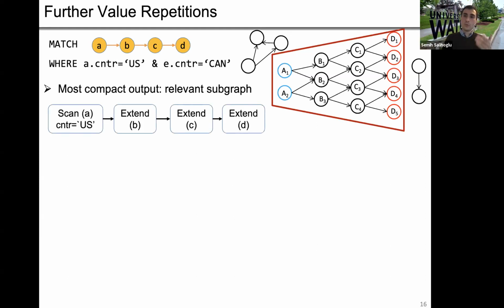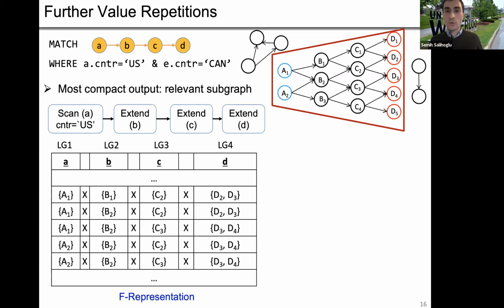Okay, but if you do F representation-based processing, right? Let's take perhaps the most obvious plan that a system would use for this, where because there's a predicate on the A nodes, we'll start by scanning the A nodes, and we're going to extend left to right from A to D. This type of processing would give you a final output that looks like this, where we're going to have 4 list groups, but really the only factorization benefit that we're going to get is a little bit from the last D node.